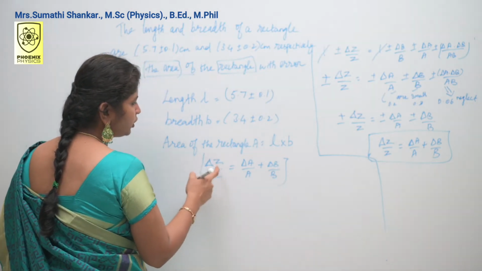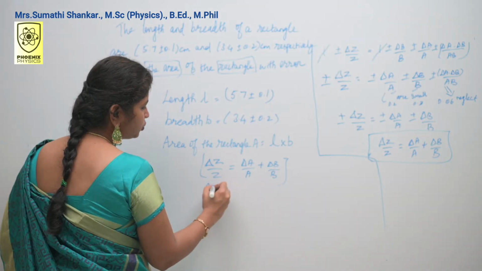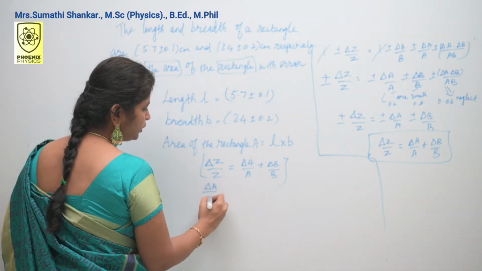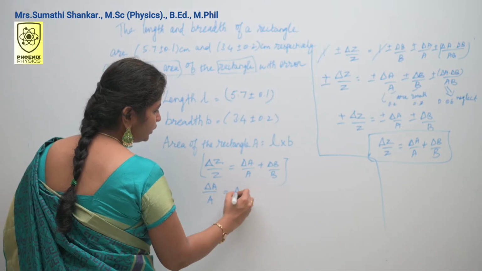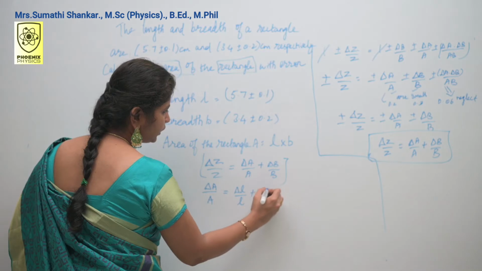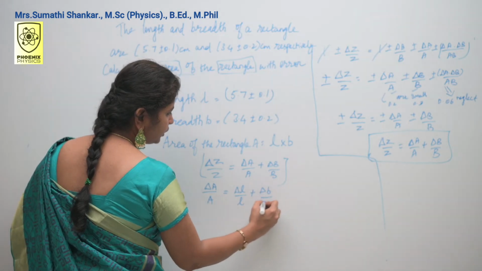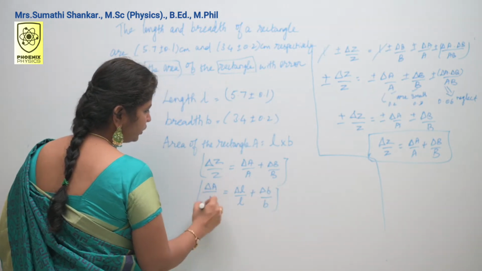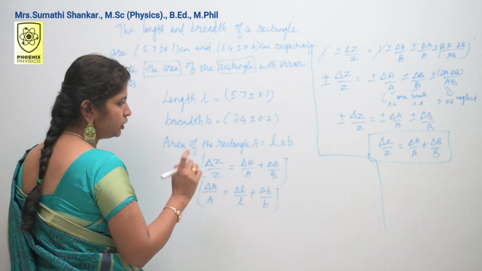Okay, so instead of delta Z by Z, I substitute delta A by A, that is equal to delta L by L plus delta B by B. Instead of Z I have substituted A.